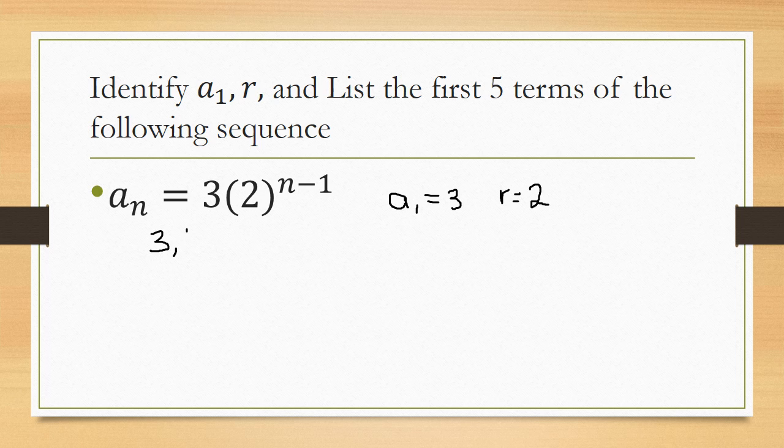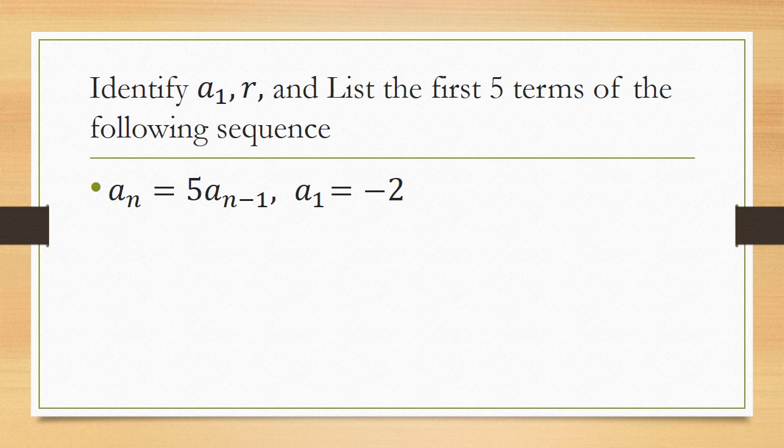So 3 times 2 is 6, and then 6 times 2 is 12, and 12 times 2 is 24, and 24 times 2 is 48. And this is the list of the first 5 terms of this sequence.